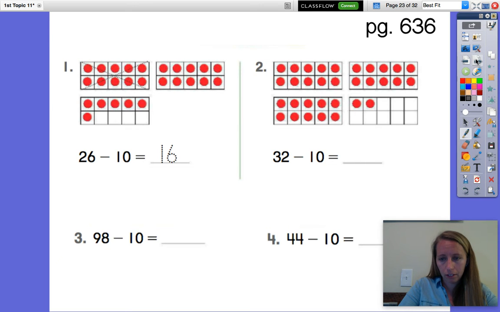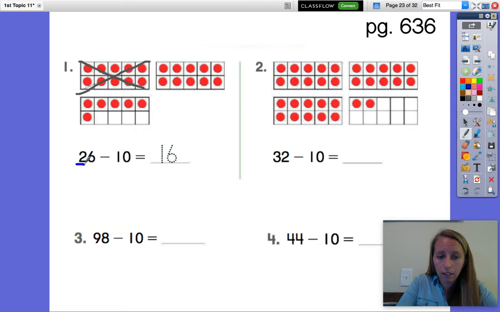Let's try another one. On page 636, you will see the guided practice problems. Number 1 says 26 minus 10. Okay, we can cross off a group of 10 on our tens frames and then count how many are left over. We have 10 and 6 left over. Would give us 16. But let's prove it using mental math. Let's take a look at our digits in the two numbers, 26 minus 10.